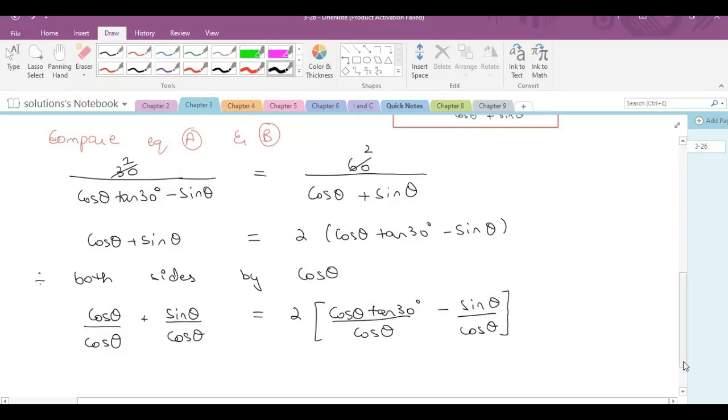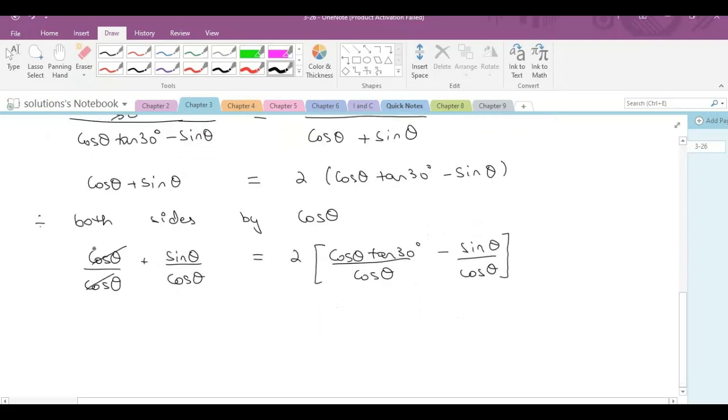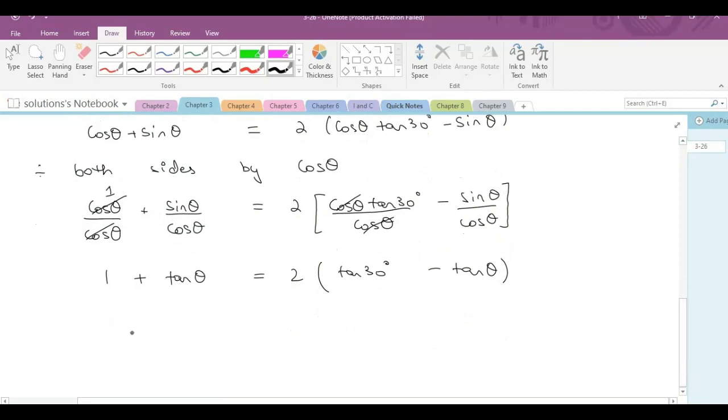So upon the further simplification, this one cancels out, only the 1 remains. This cos theta and that cos theta also cancels out. So 1 plus tan theta is equals to 2 into tan 30 minus tan theta.